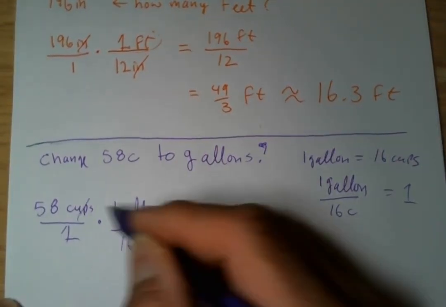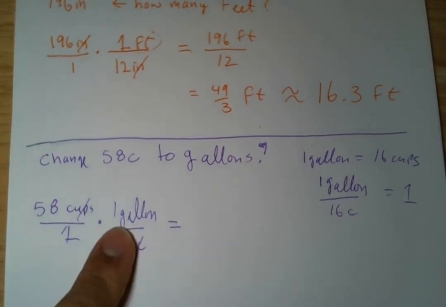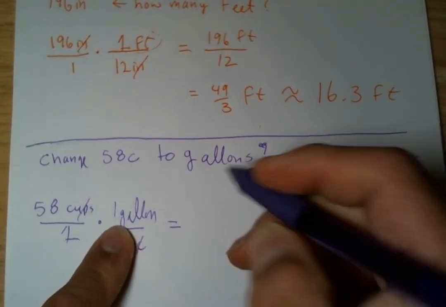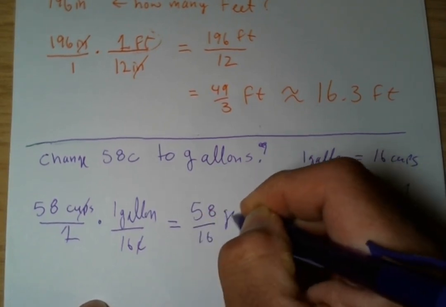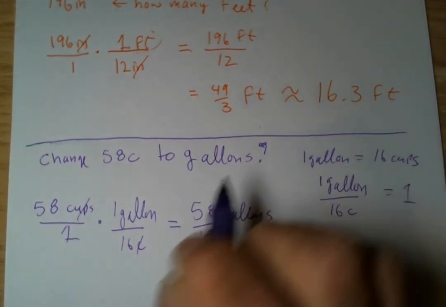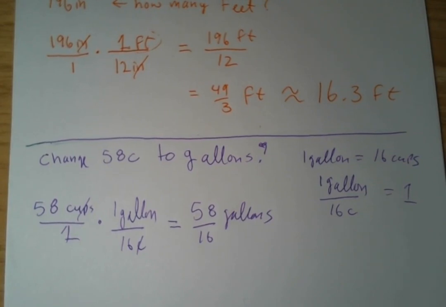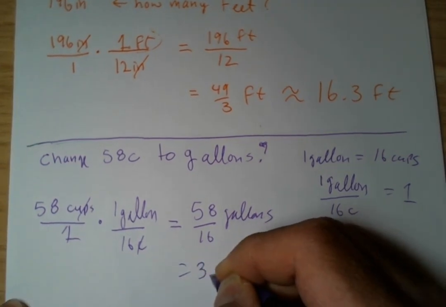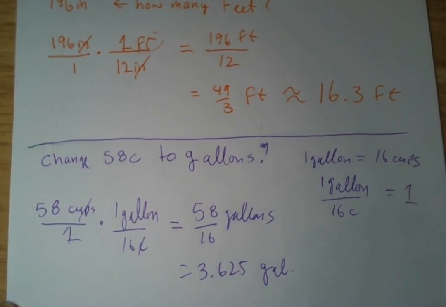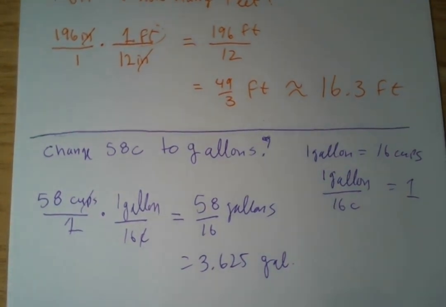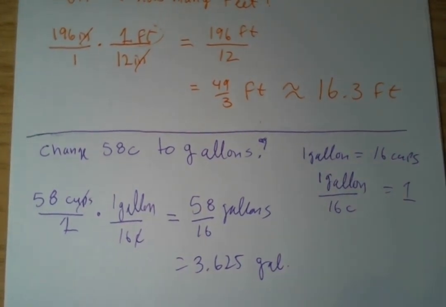Then we see the cups reduce, and we're left with only the units of gallons. So we have 58 over 16 gallons. Reducing this, we get 3.625 gallons. And that is how you convert these quantities between different units.